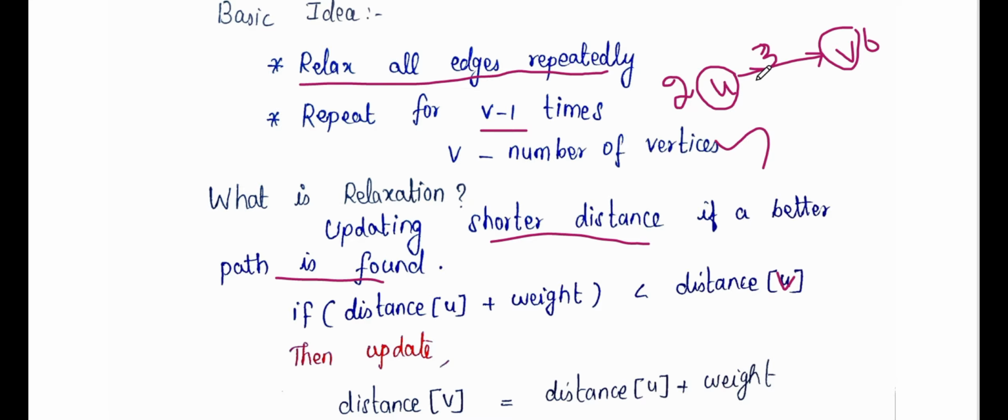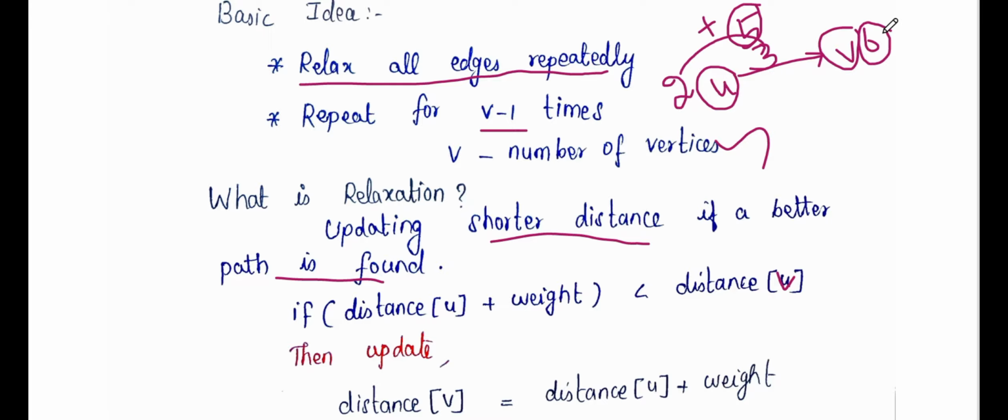Weight or cost. Okay, what is the formula? Distance of u plus weight. That means you find one new value. Simply add this distance with this weight. What is the answer? 2 plus 3, the answer is 5. Then compare this added value with the distance of vertex v.